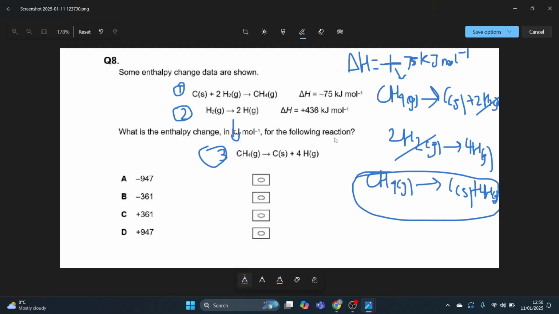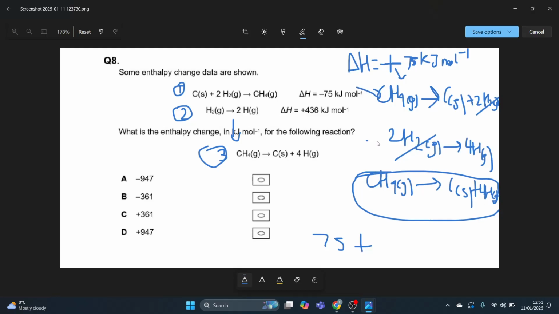Well, all I have to do for this is the enthalpy change of CH4 to form C solid plus 2H2, 75, plus the enthalpy change for the second, because that's the enthalpy change for that.